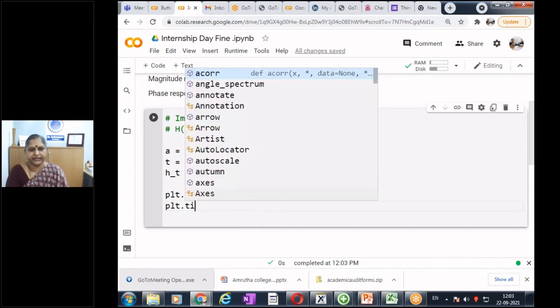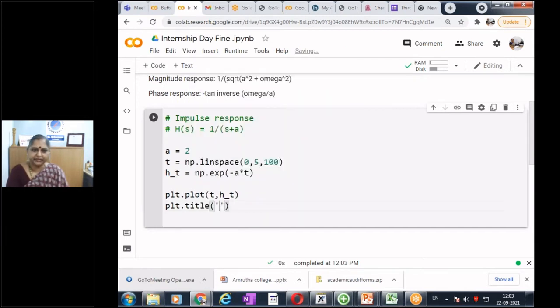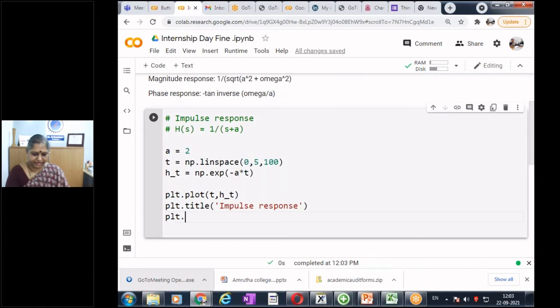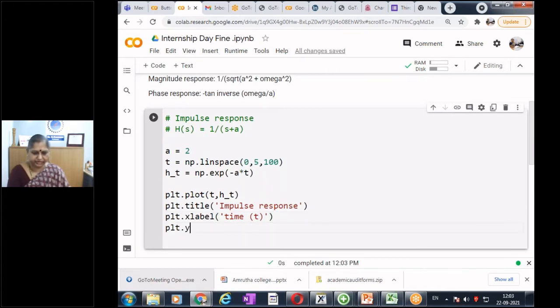Then plt.title. What is my title? Impulse response. What is my x label? plt.xlabel, it is time t. plt.ylabel, it is the impulse response h(t). And I always like to have the grid on.